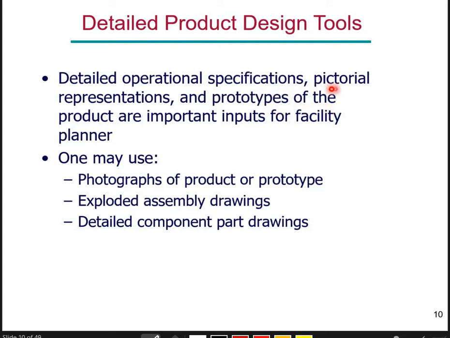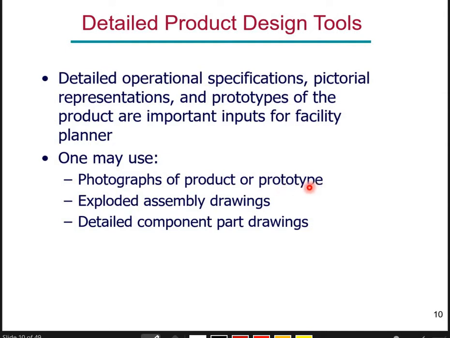It can be pictorial representations or prototypes of the products. So as a facilities planner, you may get this information from the product designer and use it while designing the facility, such as photographs of the product or the prototype of the product.